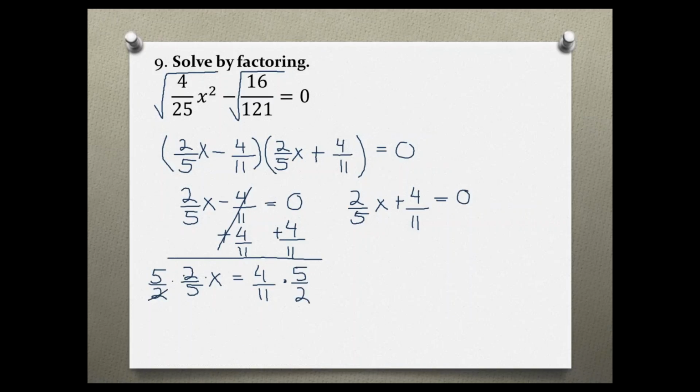Then on the left side, this would cancel out to become 1x or just x. And then on the right side, I can either straight multiply and then reduce the fraction, or before I straight multiply, I can cross cancel, because 4 and 2 share a common factor of 2. So 2 goes into 4 2 times, and 2 goes into 2 1 time.